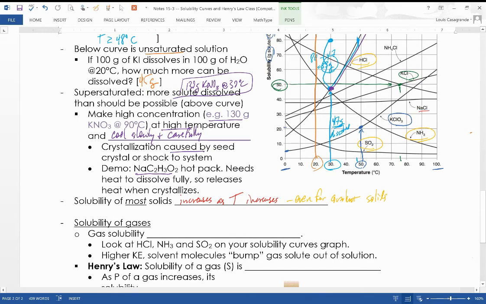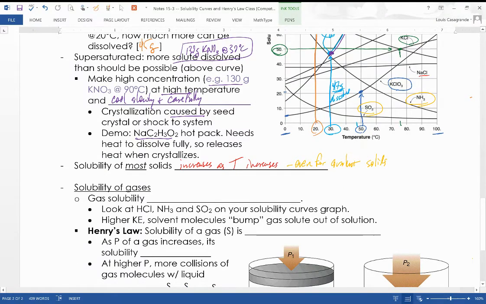But gases go the other way. Gas solubility decreases as the temperature increases.